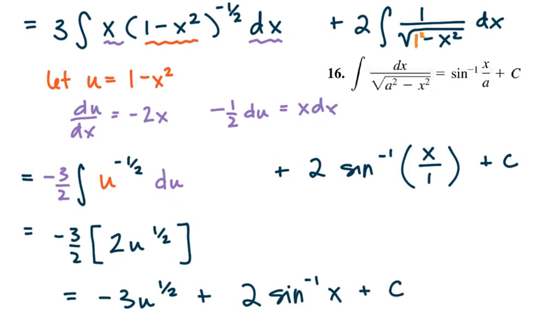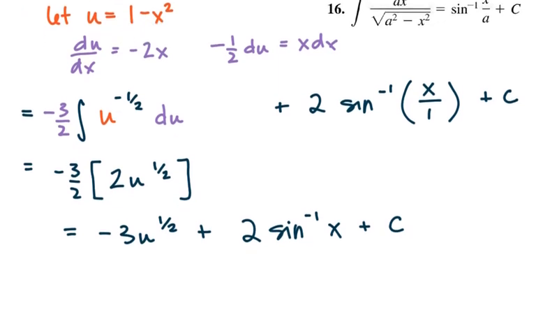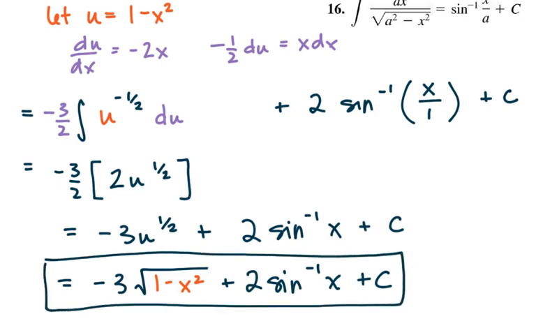We're almost done, but we need to put my x's back in for my u value. Of course, u is equal to 1 minus x squared. So I have negative 3 times the square root of 1 minus x squared plus 2 sine inverse of x plus c. And that's my final answer there.